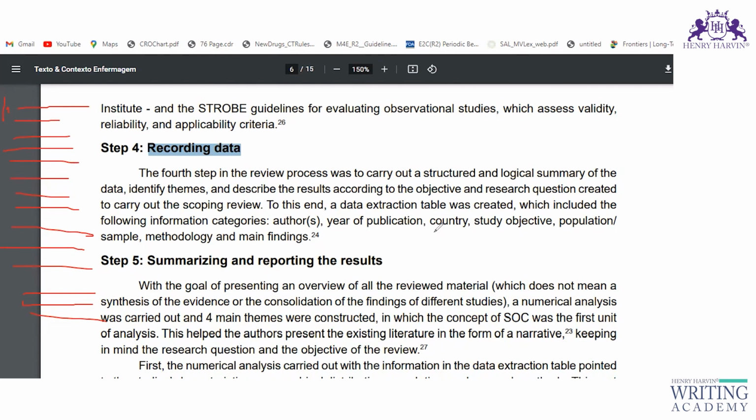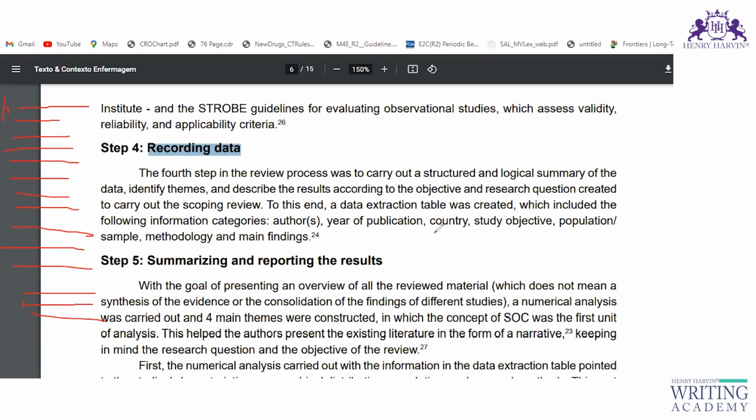If you want to mark any information, you can mark. Otherwise, you can record the data like this, so that again and again you do not have to go through the same studies. Once you have taken down all the information from the first article, your work is complete. Now you switch to the second article, then the third, then the fourth, and so on. You do not have to go through the same articles again and again.